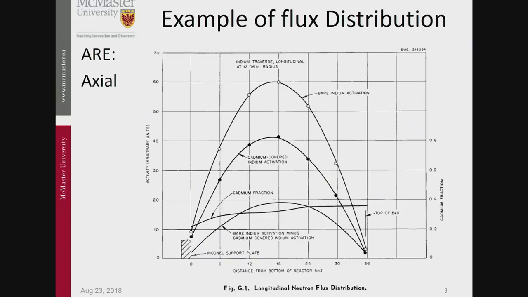So if you take the difference between the two, you get the separation. This is the bare minus the cadmium covered. So this would be the thermal, and then this would be the fast flux.